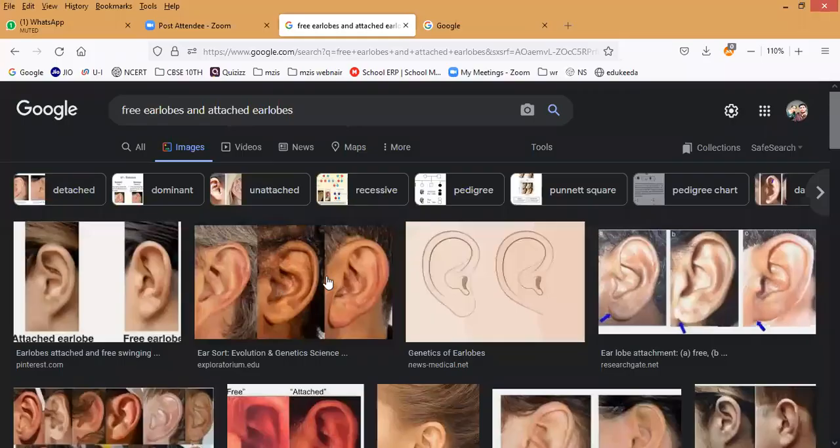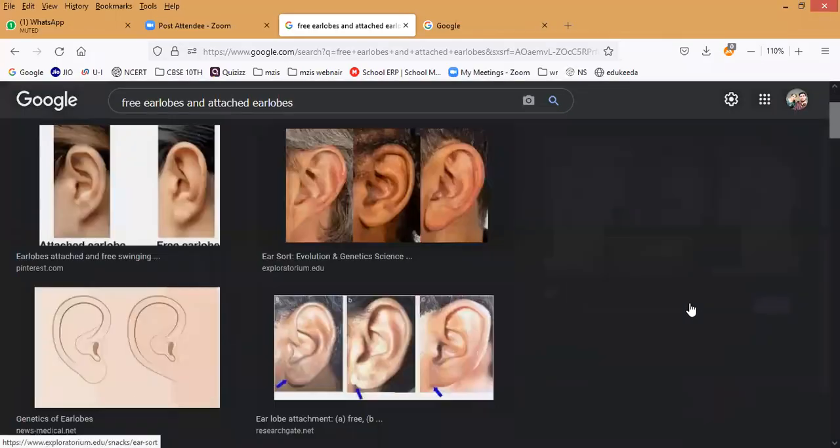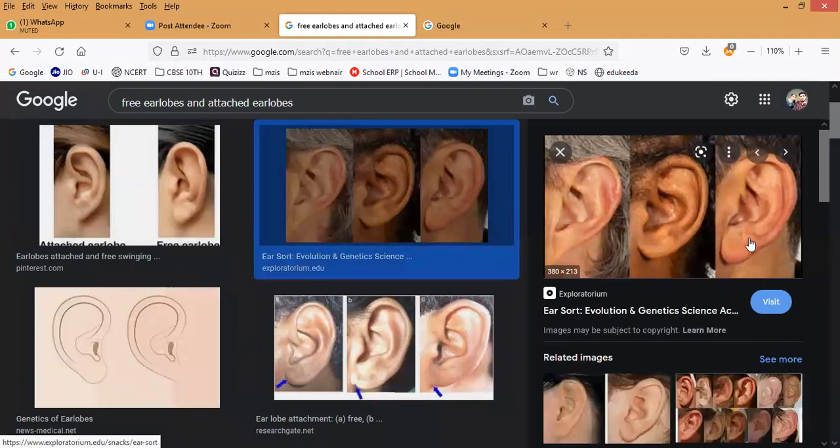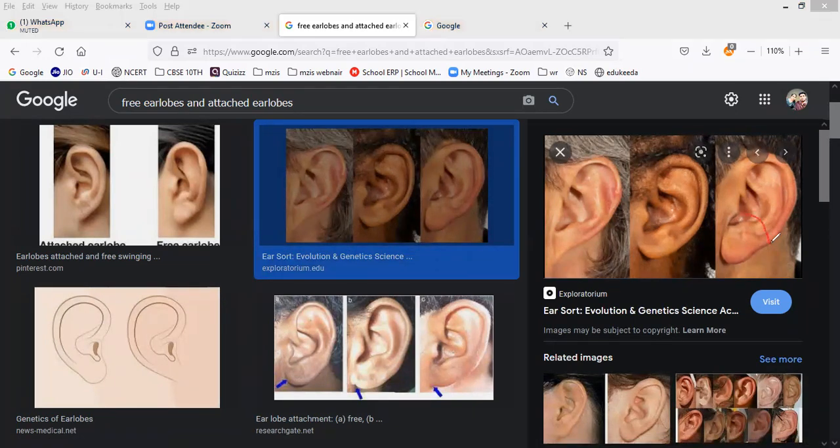If you notice here, in this picture you can clearly observe a person having what we call a free earlobe. Are you able to see, guys? Please respond. This is what we say free earlobe, and here it is an attached earlobe.